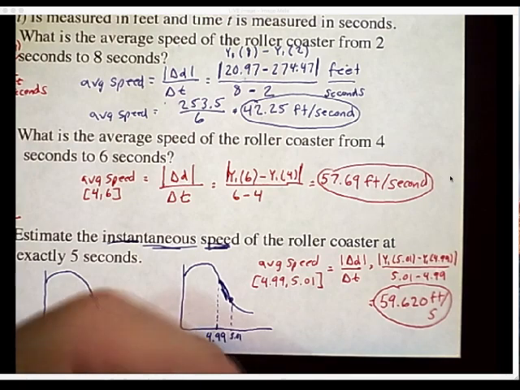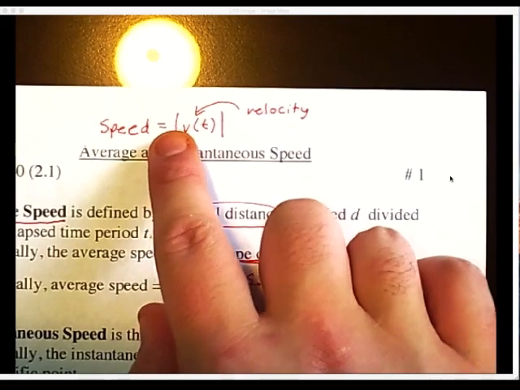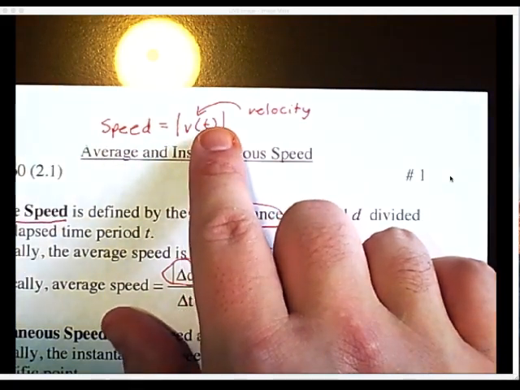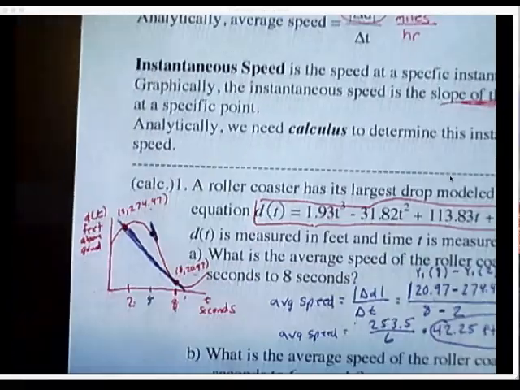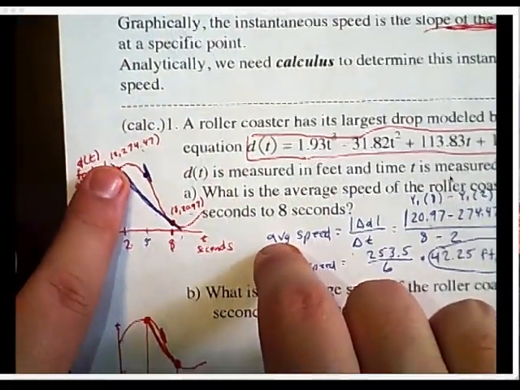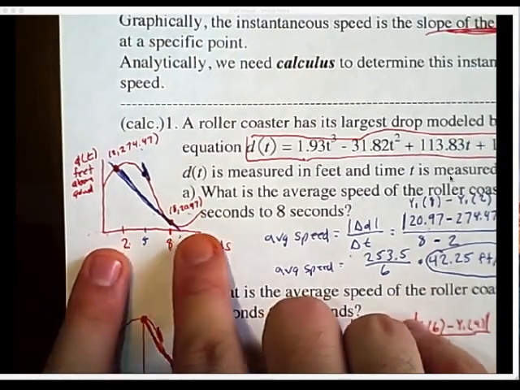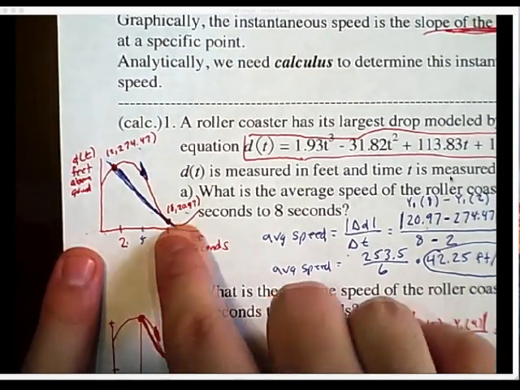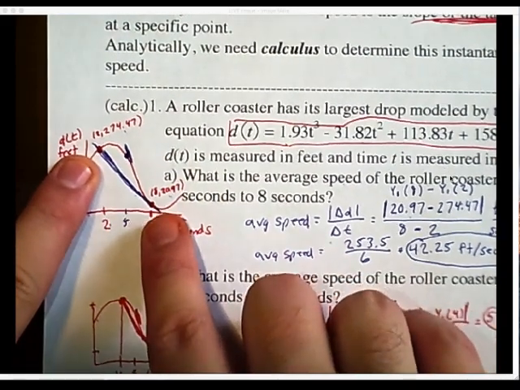Remember the big things to take away here. Speed is the absolute value of velocity. Speed's always a positive quantity. That's an important takeaway. And the other big takeaway: the closer you get to a value, like 5, if we're far away and we look at an average speed, it's going to be different than the instantaneous speed.